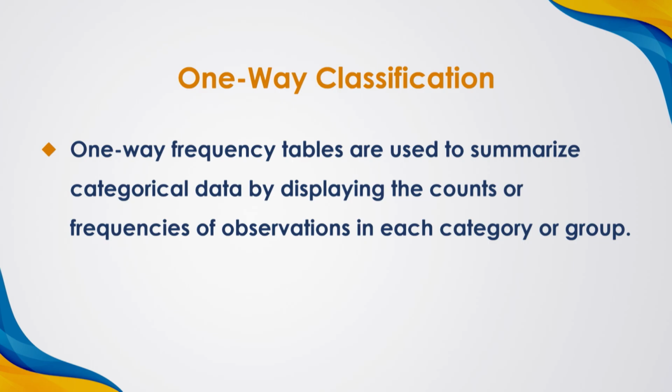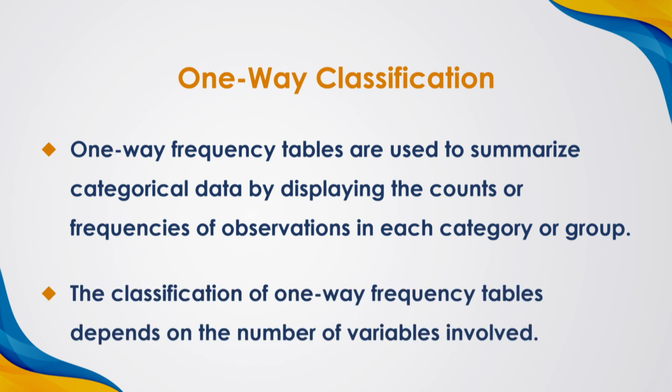We will be on classification of one-way frequency tables and procedures for getting expected frequencies. Coming to one-way classification, one-way frequency tables are used to summarize categorical data by displaying the counts or frequencies of observations in each category or group.